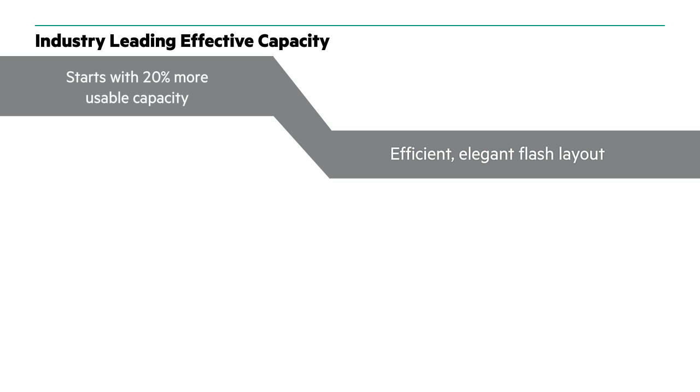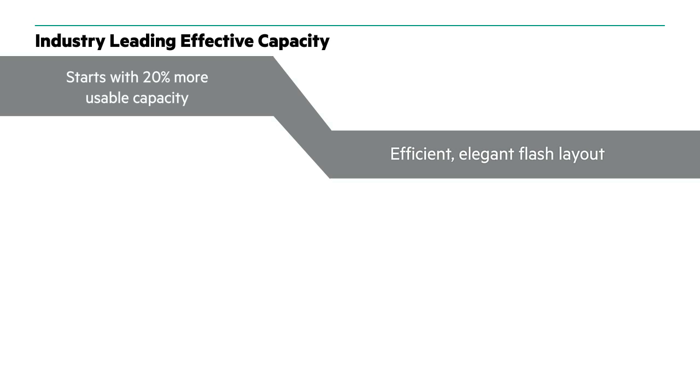Just as an example, compared to Pure Storage, out of 100 terabytes of raw storage, Nimble will get about 74 terabytes usable. From the same amount of raw storage, Pure only gets about 62 terabytes. The astounding thing here is that we were able to achieve 20% more usable space, even though we have triple plus parity RAID, while our competitor Pure only has double plus parity. And we guarantee space for a spare.